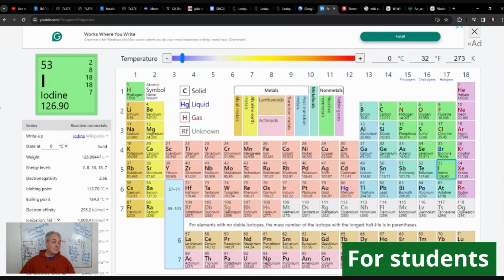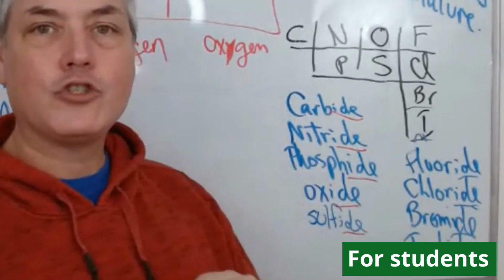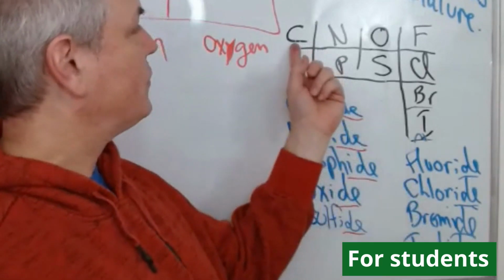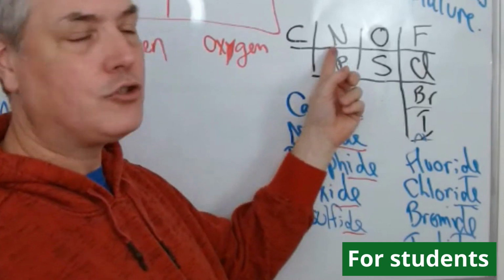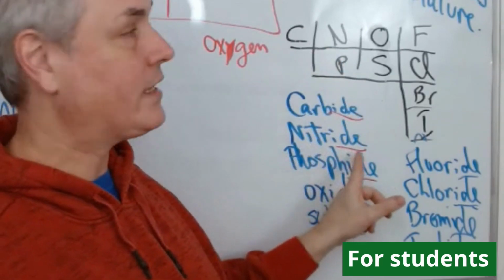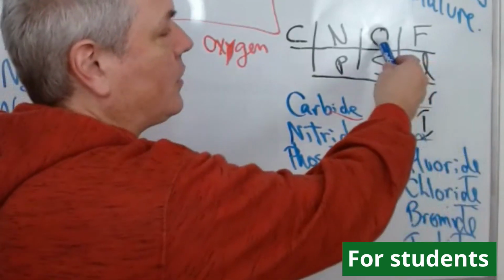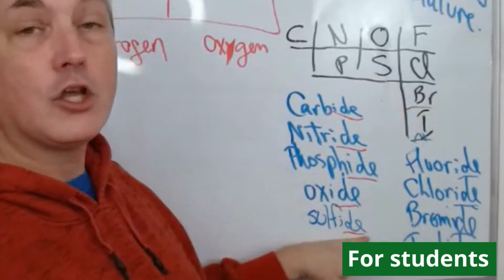But when you're naming them as the second element of the name, we need to change the ending of that element. So carbon becomes carbide, nitrogen becomes nitride, phosphorus becomes phosphide, oxygen becomes oxide, and sulfur becomes sulfide.